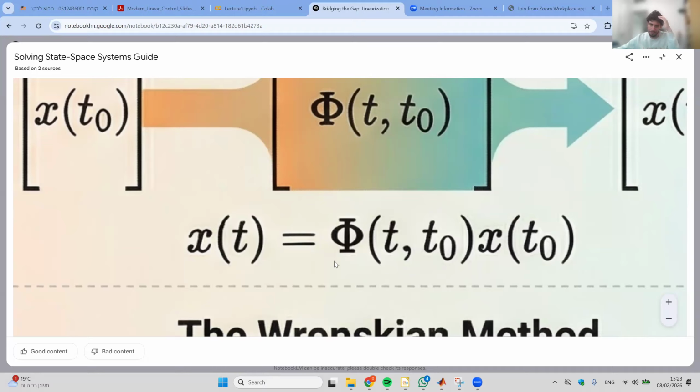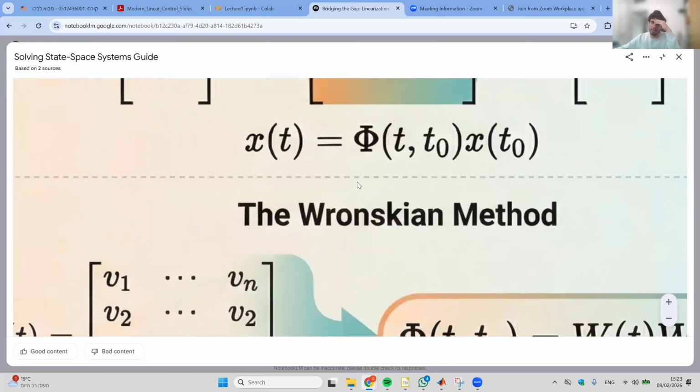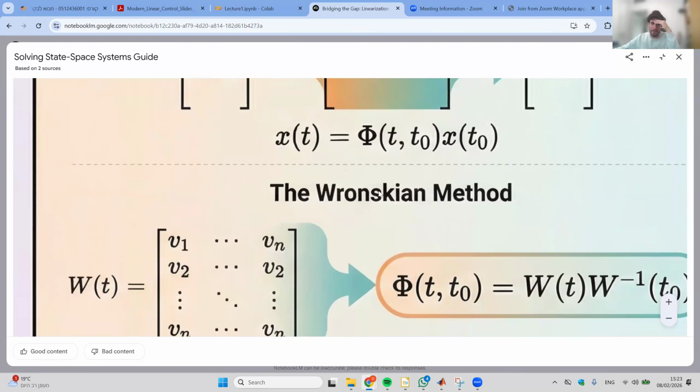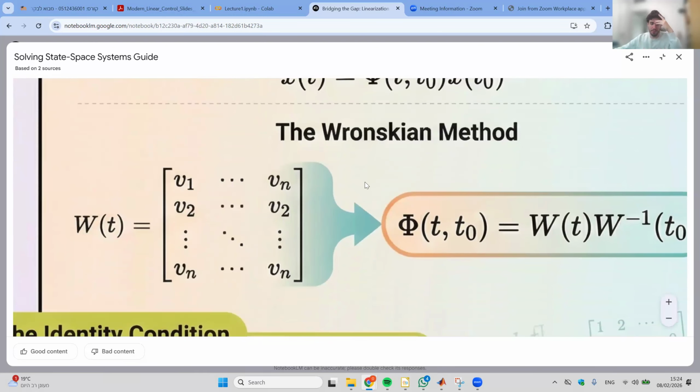The second method involves the Wronskian. What's the Wronskian? Basically, if we have a system of n first order differential equations, we will have n independent solutions. I remind you that each solution depends on the initial condition.